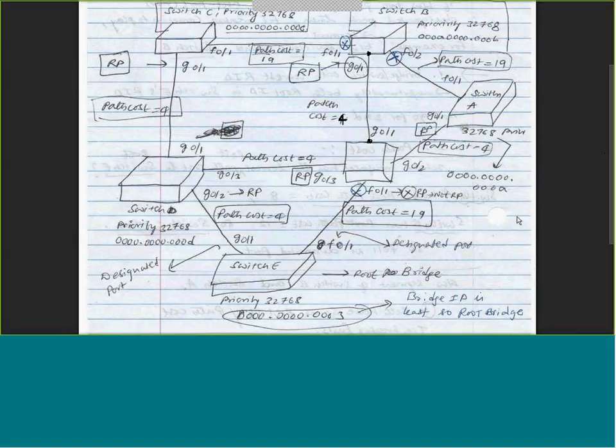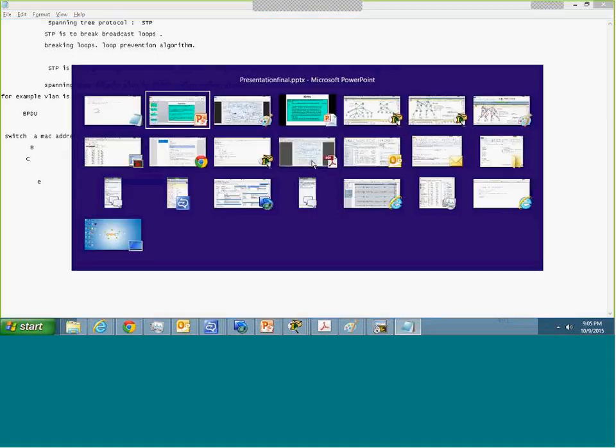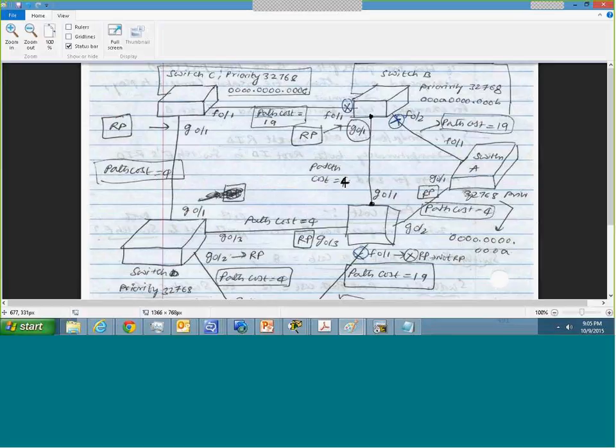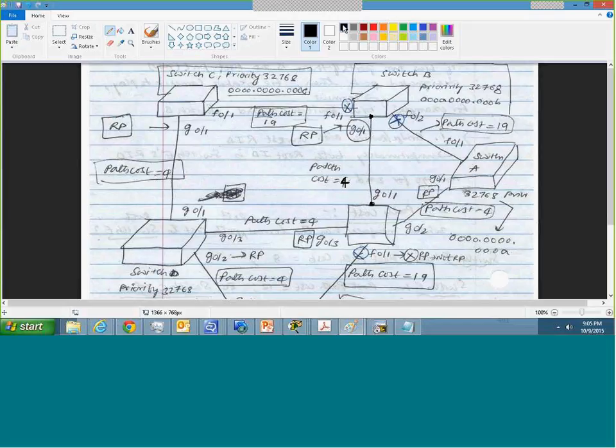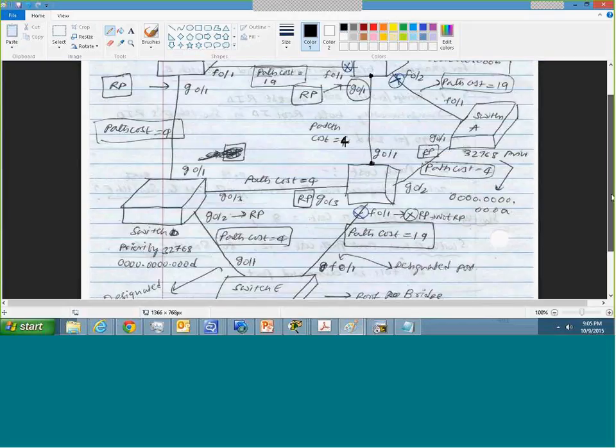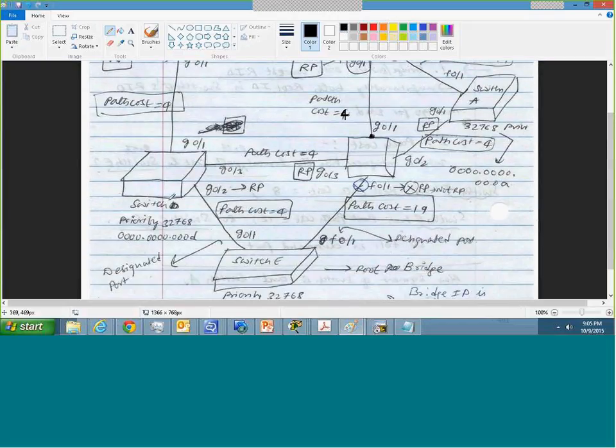Now going back, a switch has so many ports, right? For example, this is the root switch. Now let's go to its nearest switch, switch D. Switch D has 1, 2, 3, so it has 3 ports.